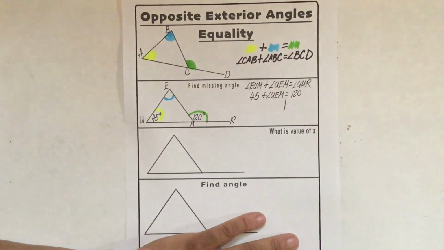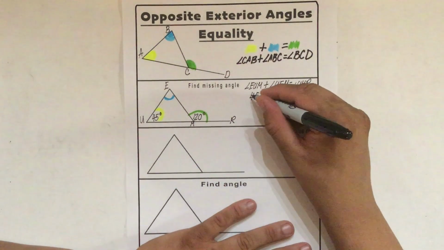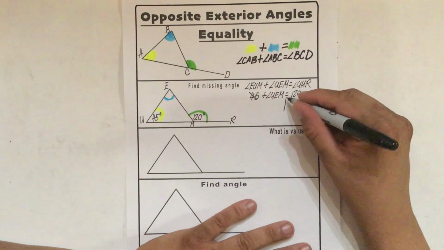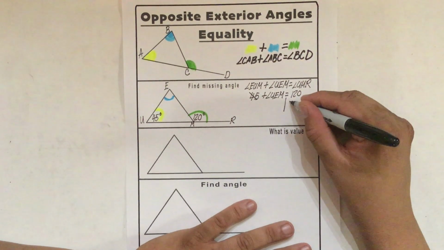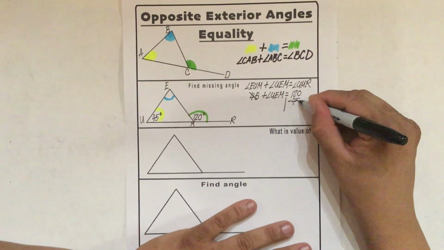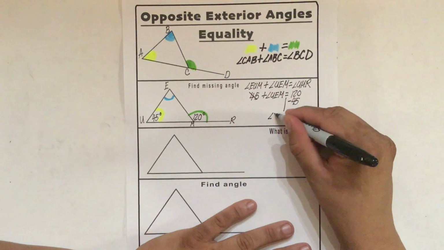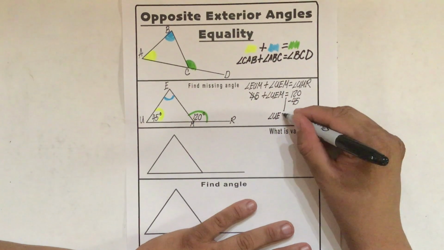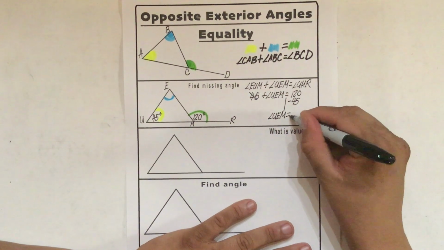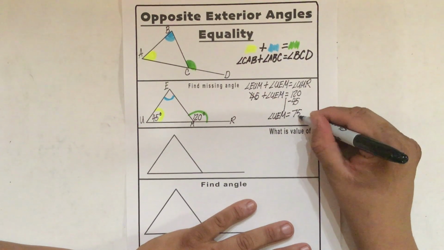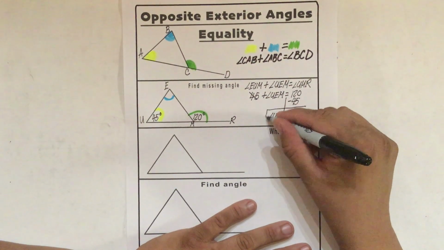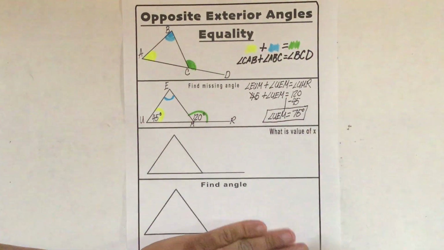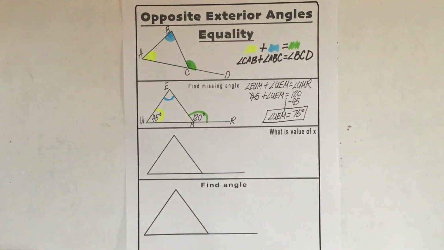So now let's use our algebra. I cross out 45 and I move it over to this side of the line of separation. I make it minus 45 and I get angle UEM is equal to 75 degrees. There we go. That's our first example.